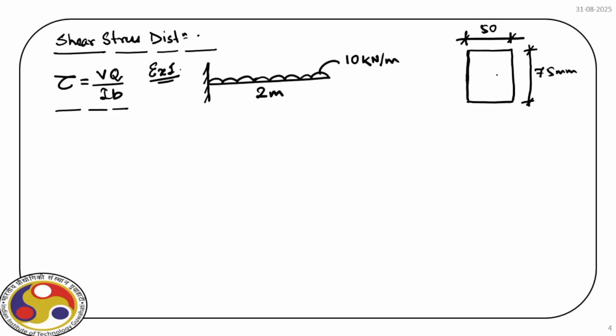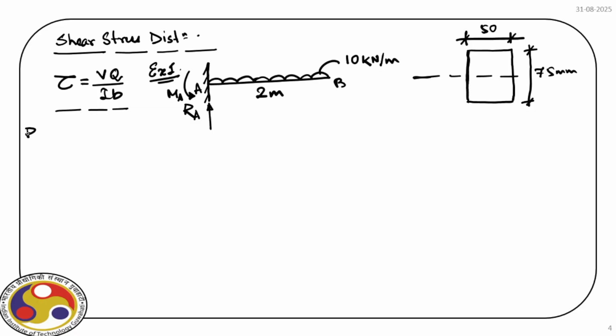Our task is to draw the shear stress distribution, and for that we consider the end A of the beam AB where the shear force will be maximum. So for that, let us quickly draw the shear force and bending moment diagram. Now, reaction at the end RA, and we also have a moment here which is MA.